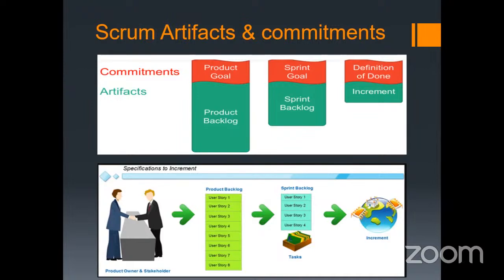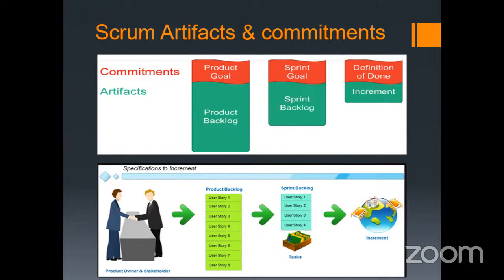Now, how will the product backlog be formed? As we have discussed, there are 3 accountabilities in the Scrum team. The first one is the product owner. So what is the task of the product owner? The product owner will be discussing with the stakeholders and finding out what work exactly needs to be done by the developer team, what exact product needs to be developed.